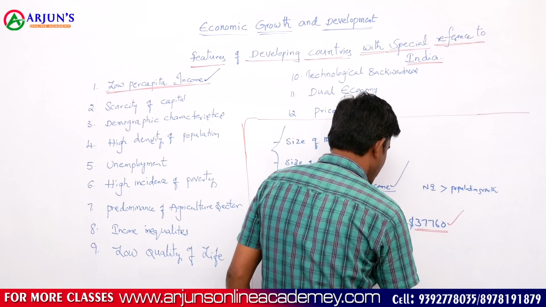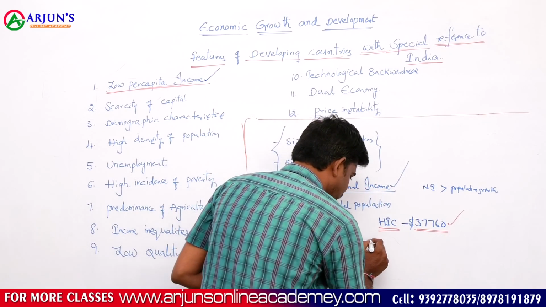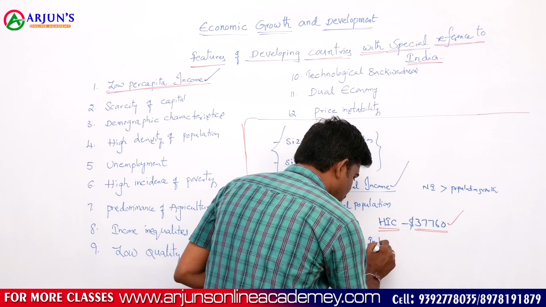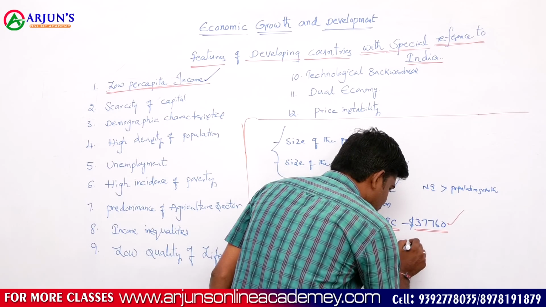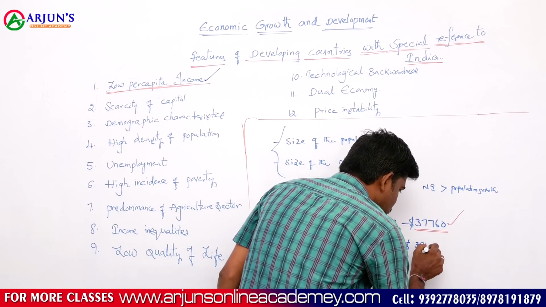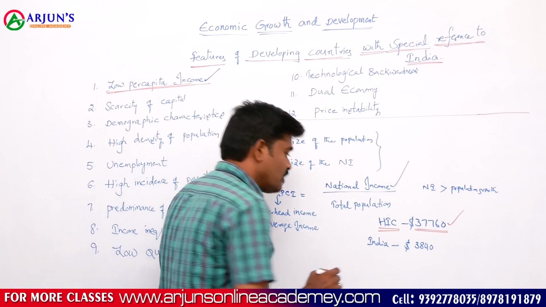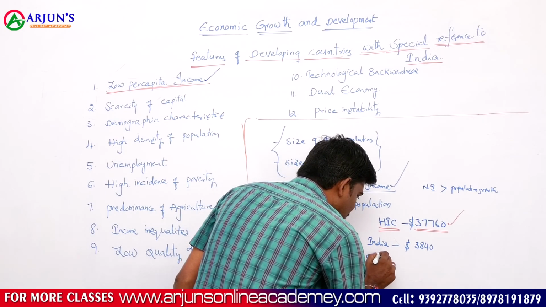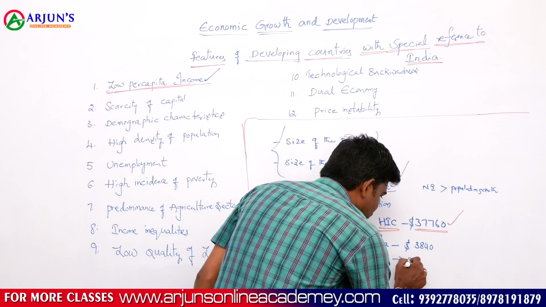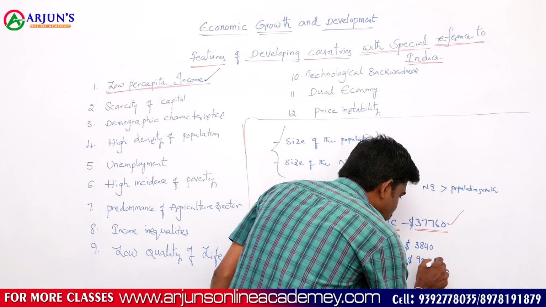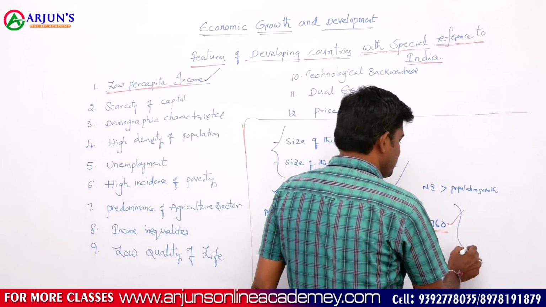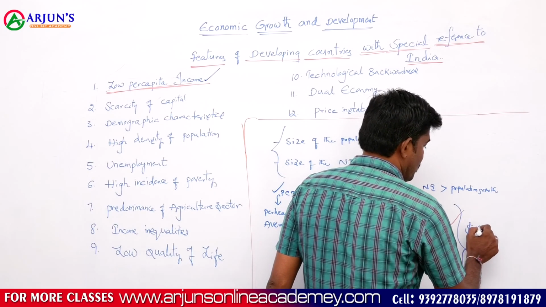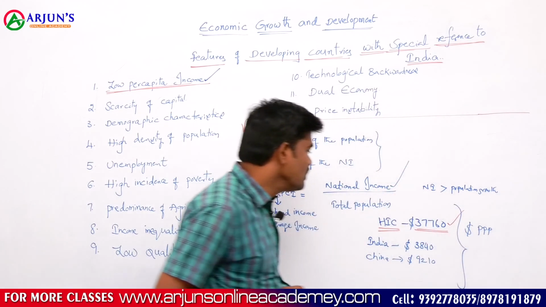But in the case of India, the per capita income is only 3840. And the per capita income of China is 9210 US dollars, on the basis of purchasing power parity in terms of US dollars.